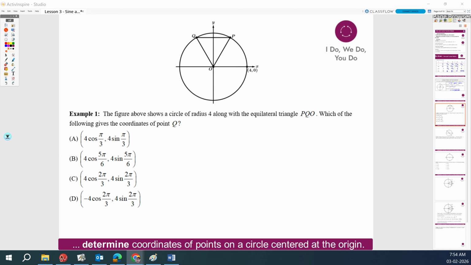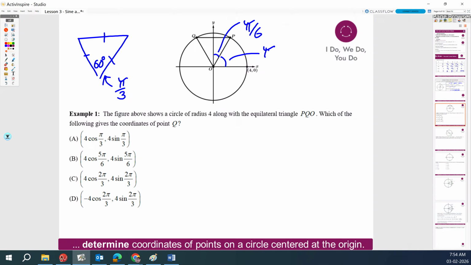Right, so remember that an equilateral triangle like this one is going to have an angle of 60 degrees. The equivalent radians for that is pi over 3. If we cut that in half, then this angle there is going to be pi over 6, which means that this angle here is going to be pi over 3.